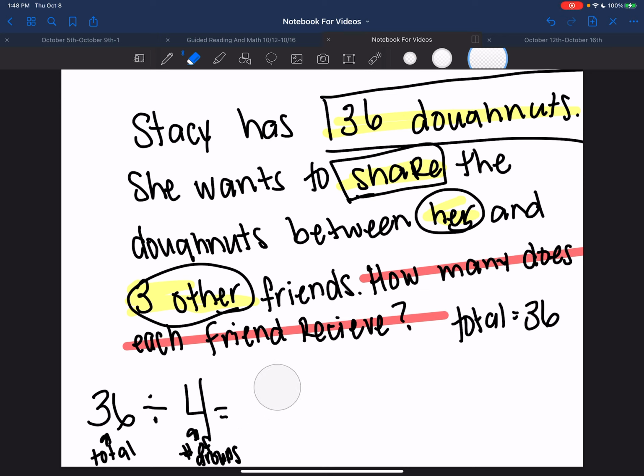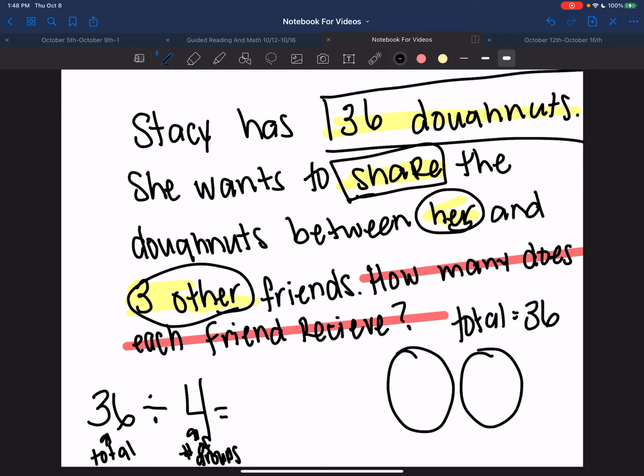So remember, this is our total. We're going to share 36 between 4 people, so number of groups. I'm going to use equal groups to help me solve. I'm going to draw 4 groups, and these 4 groups represent the 4 friends, Stacy and her 3 friends. And then I'm just going to share 36 equally. So 1, 2, 3, 4.